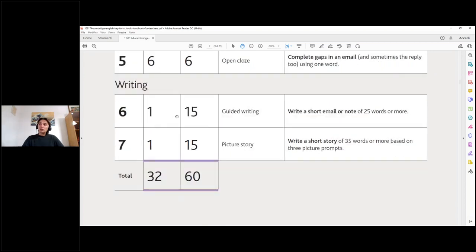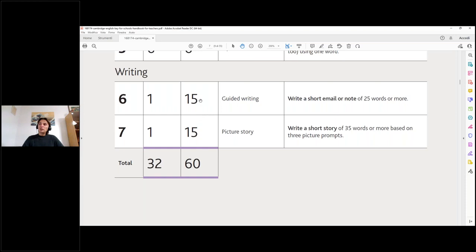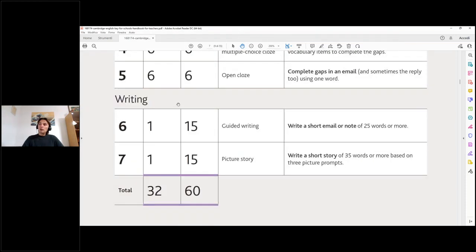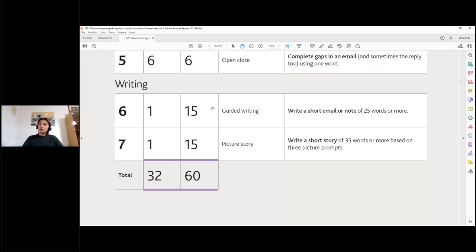The writing part, okay? The first part, part number 6, may get you 15 points, and part 7, 15 points. So half of the exam is out of your writing skills, right? 30 points for a total of 60 points.